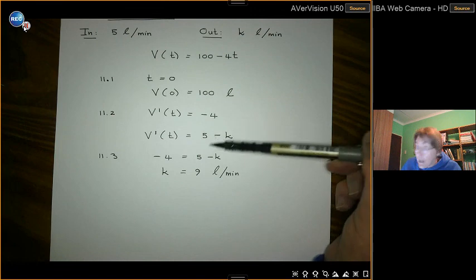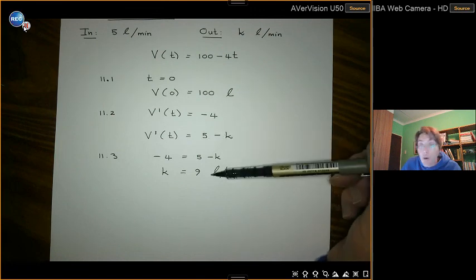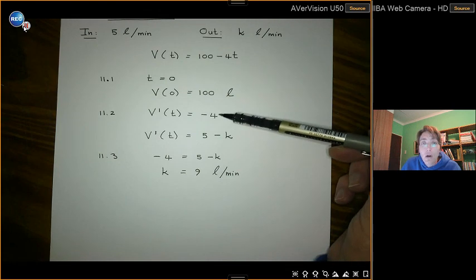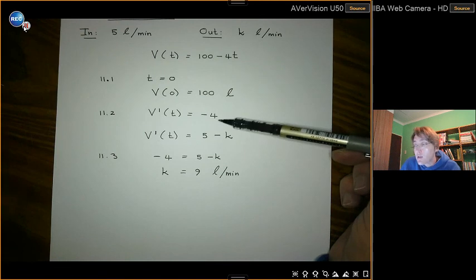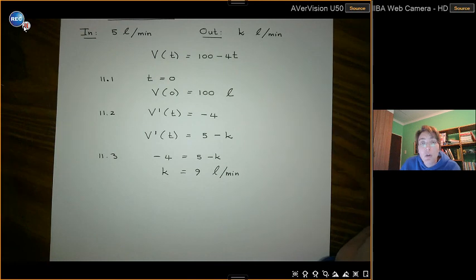It's flowing in at 5 liters per minute and flowing out at 9 liters per minute, which gives me a difference of 4, and specifically a decrease of 4 overall. And that's what they asked, determine the value of k, the rate at which the water flows out of the tank. So it actually is a very simple, straightforward question, unless you complicate it. Right, so that's the end of this question.